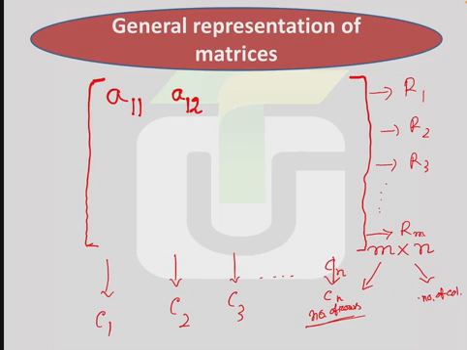This is first row, first column. This is first row, second column. Next is first row, third column, like that.